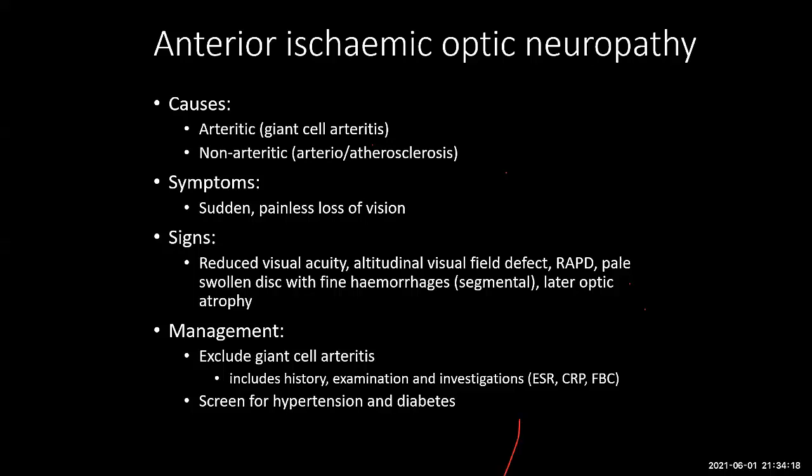Those are called physiological floaters, muscae volitantes. Sometimes we can have tiny cells in the vitreous projecting into our visual field. Those are not really dangerous.